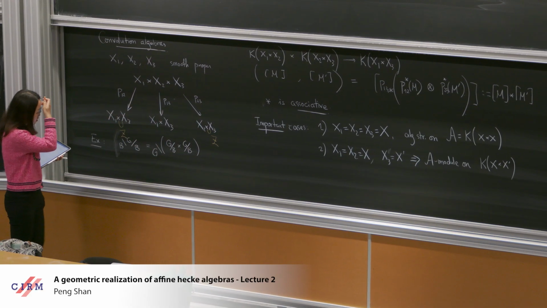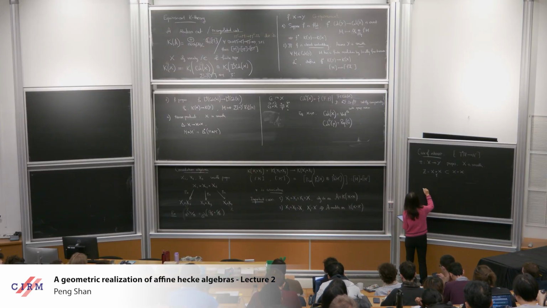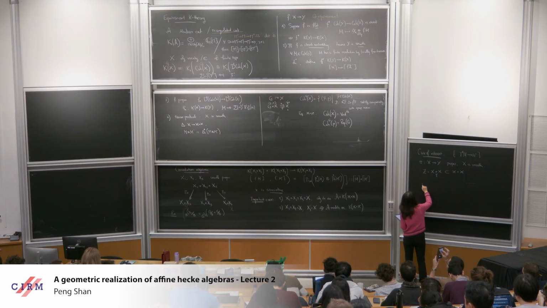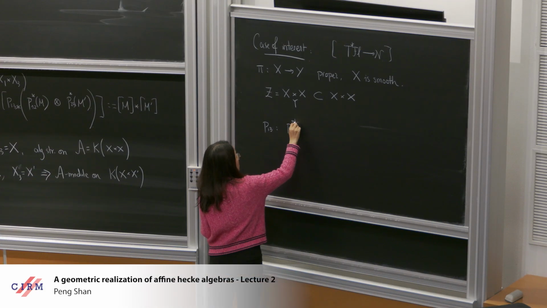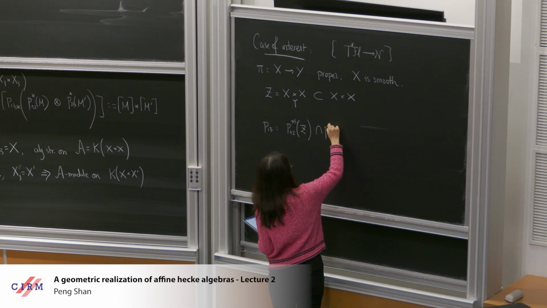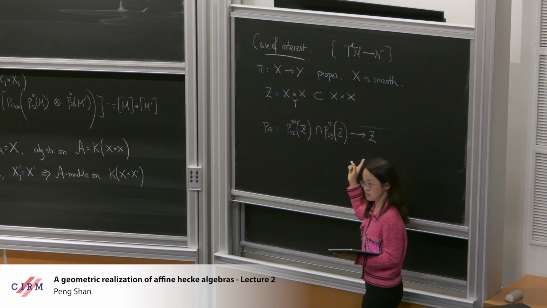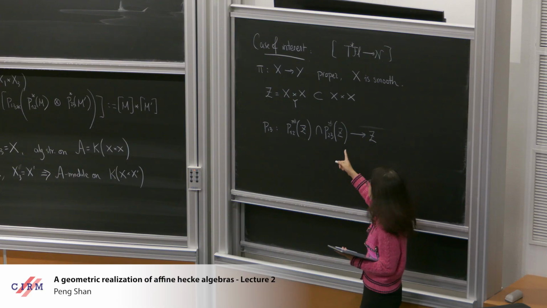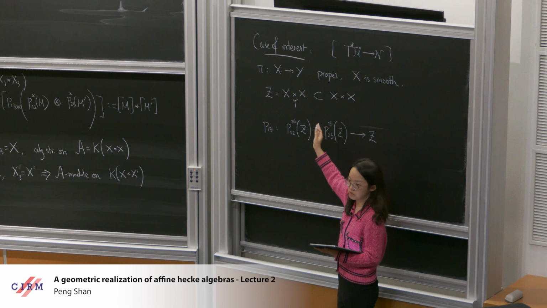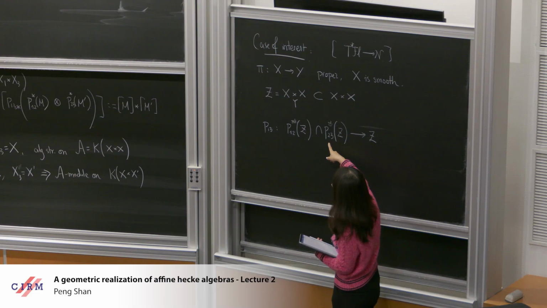The first exercise is to observe that if you restrict the P13 map to the pre-image of Z by P12 intersected with the pre-image of P23, then first of all, this lands again in Z. This is just by definition of this fiber product. If you write it out, you will see this. And moreover, when you restrict, this map is proper.